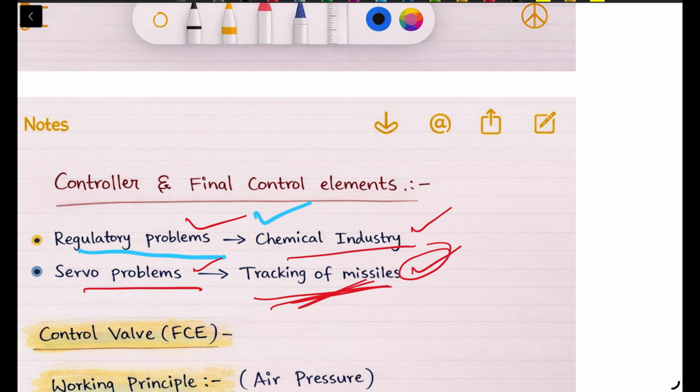Regulatory control deals with disturbance rejection while keeping the set point constant. Servo control deals with tracking the changing set point. Both these concepts are very important in understanding how industrial control systems operate.